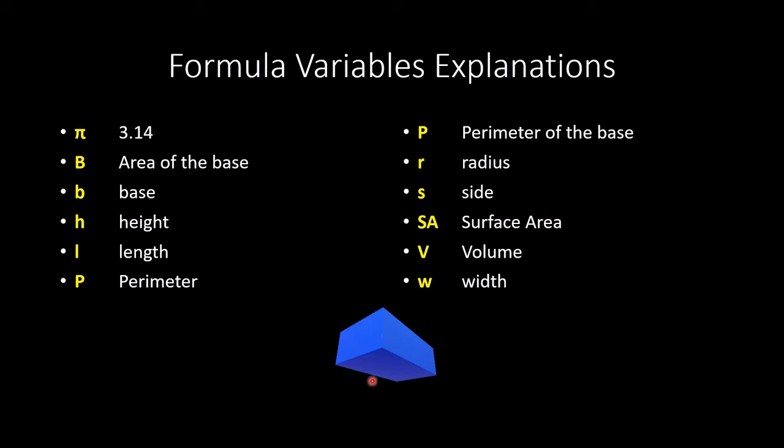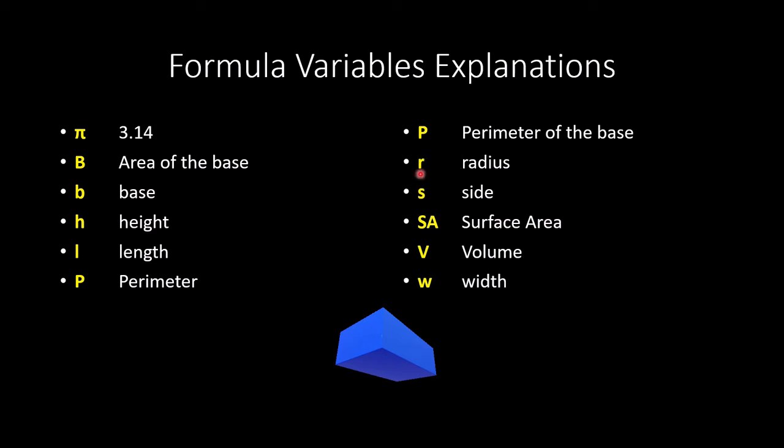So I will have to add the length of this side, the length of this side, the length of this side, and the length of this side. I have to add all four of them together, and that will be equal to the perimeter of my base. And this is what this big P stands for. That is also for the P that is going to be to the right of the equal sign.